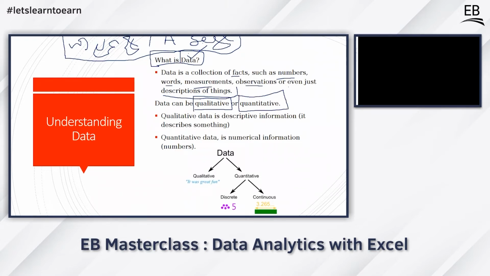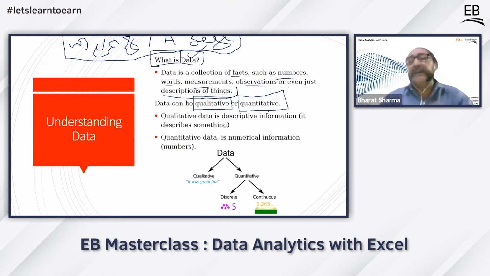Fantastic. Now, what is the difference? A broader difference between qualitative and quantitative data is that qualitative data is descriptive information. What does it mean? Let's say I buy a new shirt and my friend visits me and says, oh wow, what a smart shirt it is.